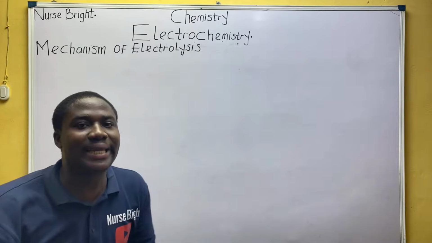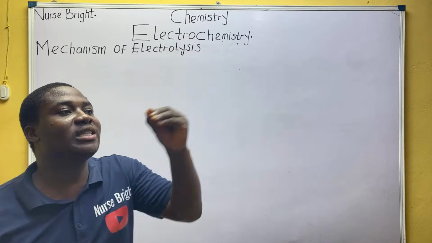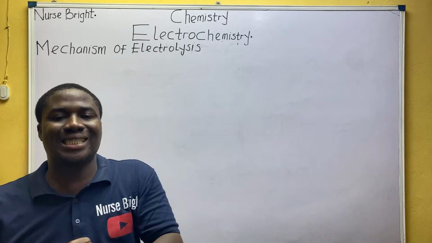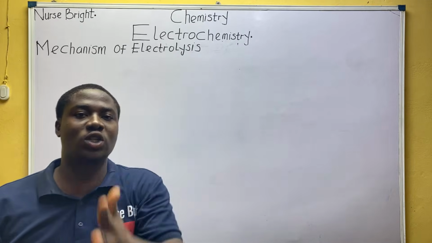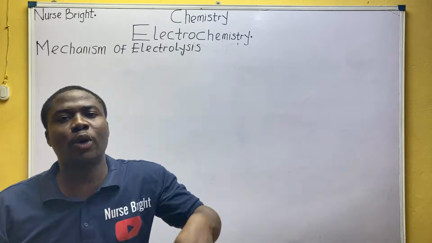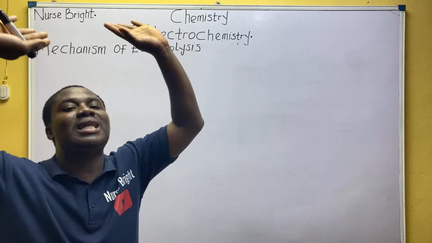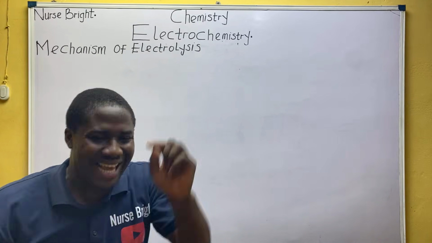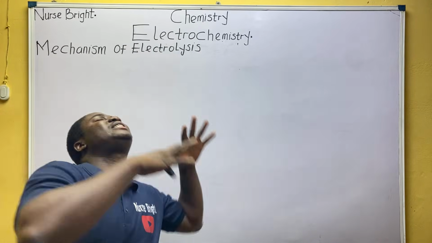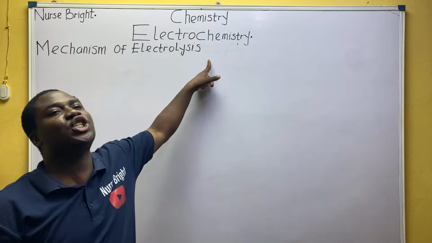Though I have told us that in electrolysis there is direct current being passed through a compound which could be in solution or molten form, with decomposition occurring at the electrodes, that is fine. But what are the series of processes that are occurring for this electrolysis to be achieved?